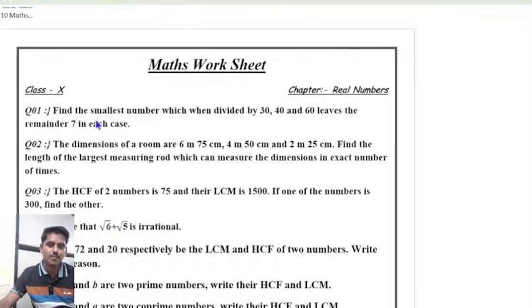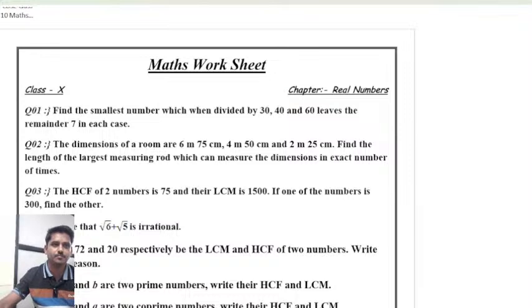See question number 1: find the smallest number which when divided by 30, 40, 60 leaves a remainder 7 in each case.